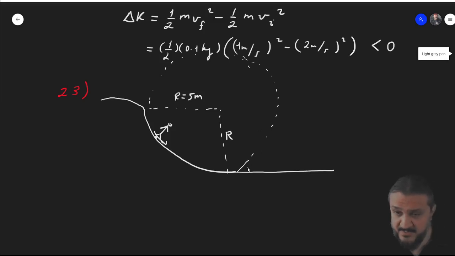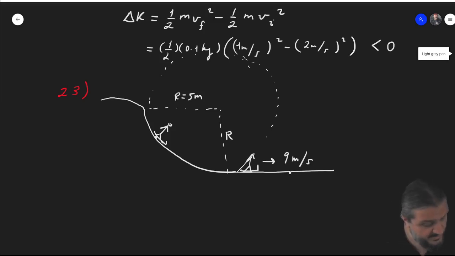So by the time he reaches here, the skateboard is moving at 9 meters per second. Okay, so Jim and his skateboard have a mass of 65 kilograms.